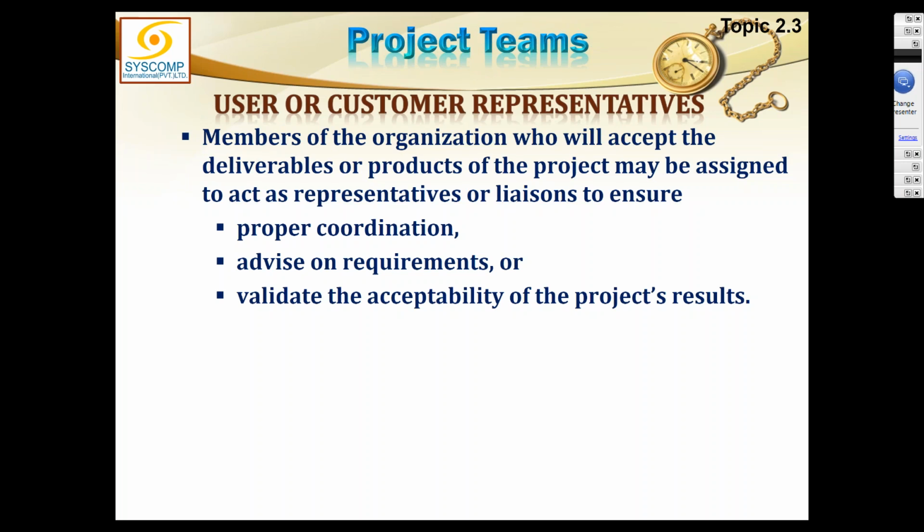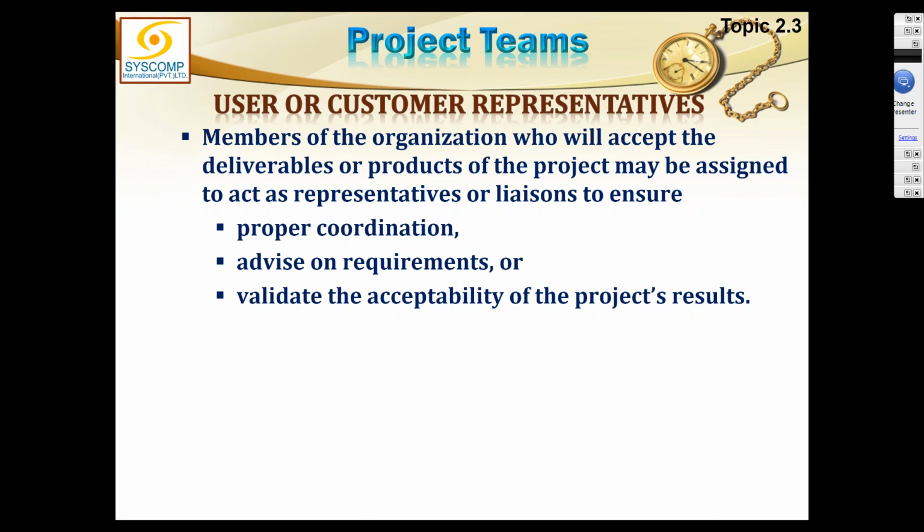Users and customer representatives, members of the organization who will accept the deliverable or product of the project, may be assigned to act as representatives or liaisons to ensure proper coordination, advise on requirements, and validate the acceptability of the project results. This is for the user acceptance testing.